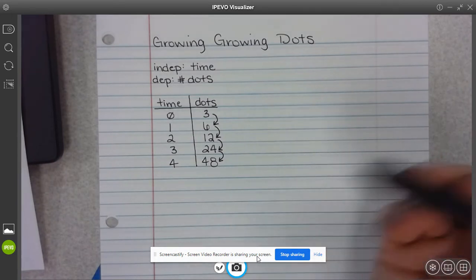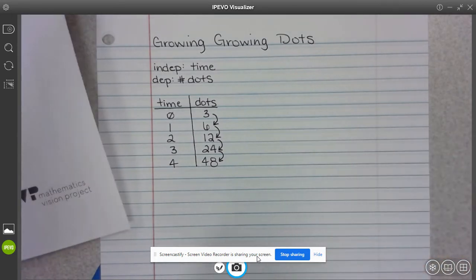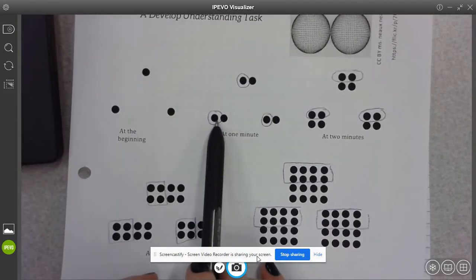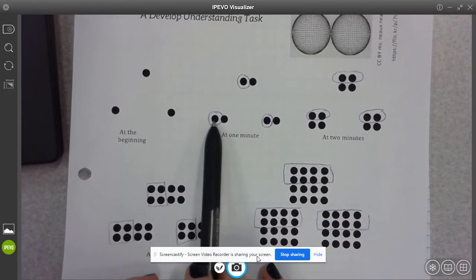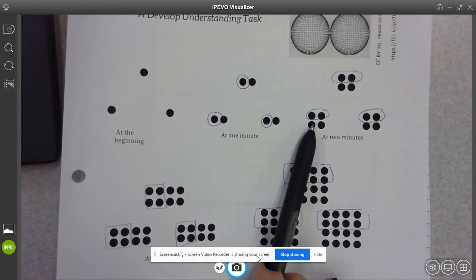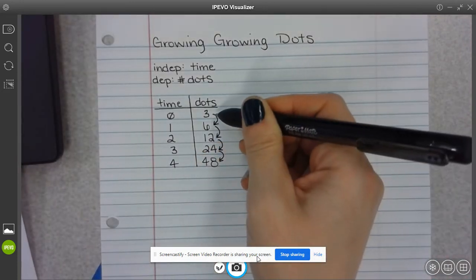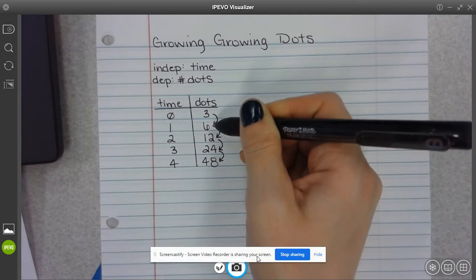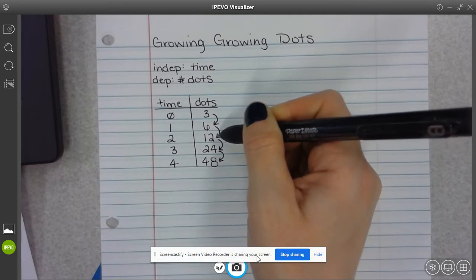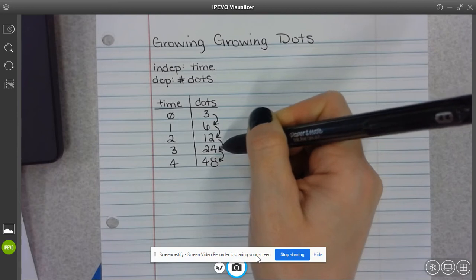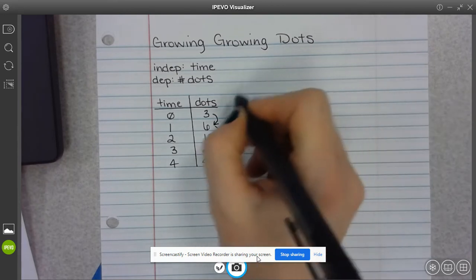If you listened to how I was saying before, I saw that these dots doubled. That's actually what's happening here. If I double 3, I get 6. If I double 6, I get 12. If I double 12, I get 24. If I double 24, I get 48.